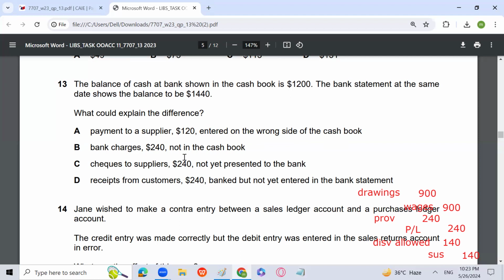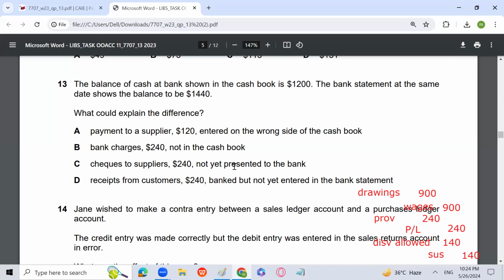Bank charges 240, not in the cash book. That will also decrease the cash book. Again, there is a difference that will increase. Cheque to supplier 240, not yet presented to the bank. That is unpresented cheques. And for unpresented cheques, the balance of the bank statement, if not given, is credit. So when the bank statement has a credit balance, unpresented cheques are subtracted, and uncredited cheques are added.